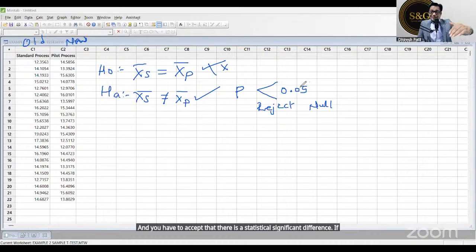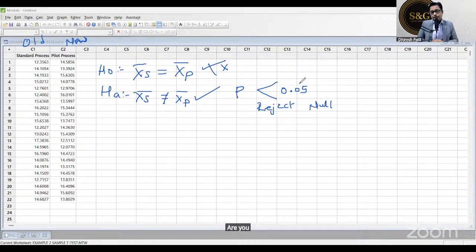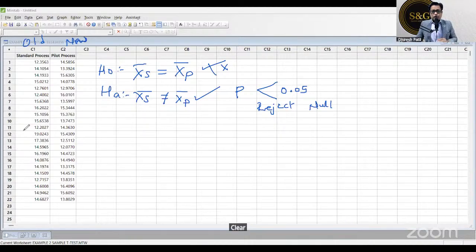If the P value is greater than 0.05, you cannot reject null hypothesis and there is no statistically significant difference. Are you clear? Hypothesis is clear, null and alternate. So on one side we'll take the average of this and the average of this, and we will just do this hypothesis testing. Clear what is hypothesis? So we want to check whether there is any statistically significant difference found in this data.